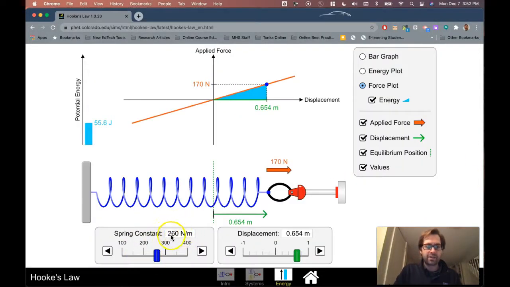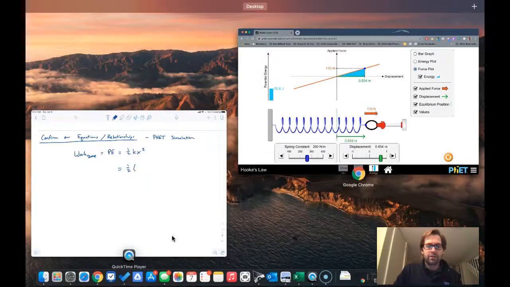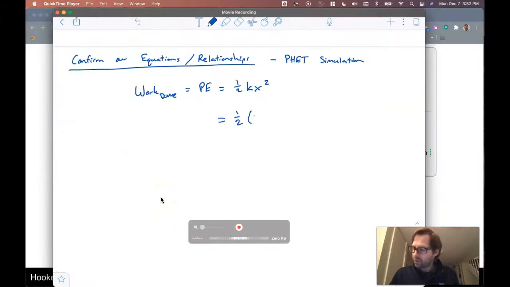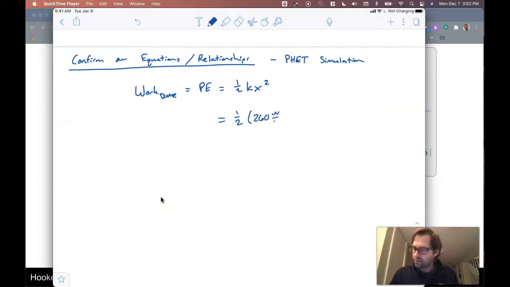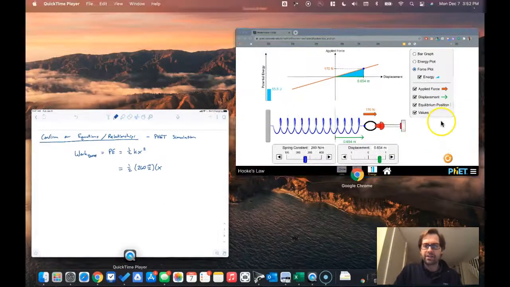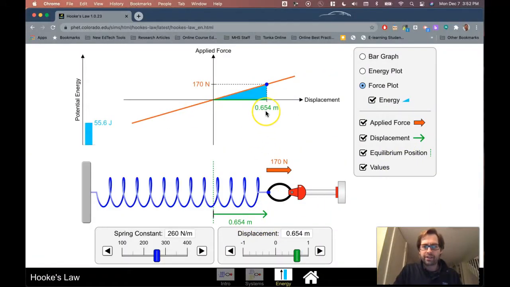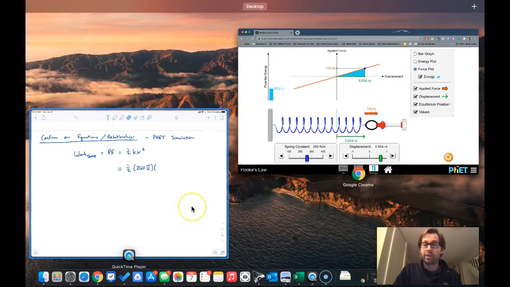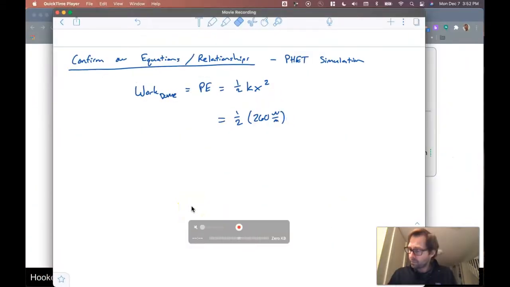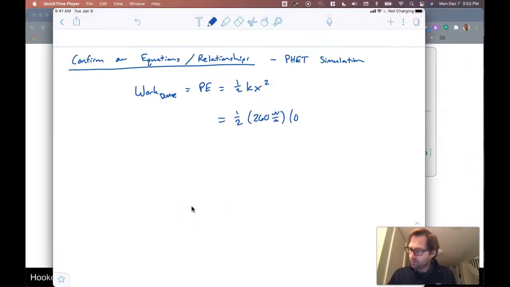It says 260 Newton meters, okay? So I'm going to plug that in, 260 Newton meters. And they also give me an x value, and my x value was 0.654. All right, so I'll just put that in, 0.654 meters, and that has to be squared, okay?